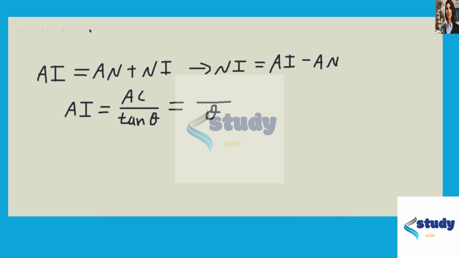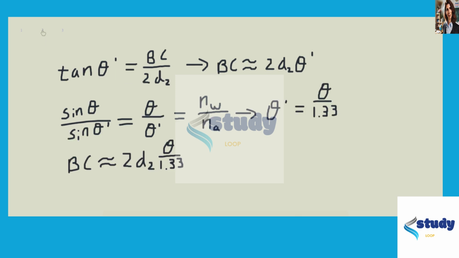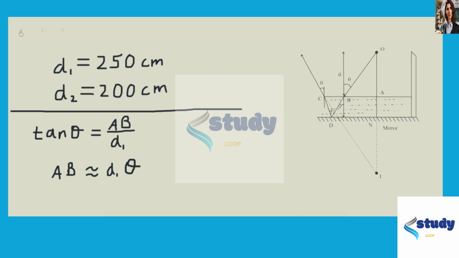And we know that the distance between AC is equal to AB plus BC. But wait a second, we know AB and we know BC. We know BC is 2 times D2 multiplied by theta divided by 1.33, and AB is D1 times theta.